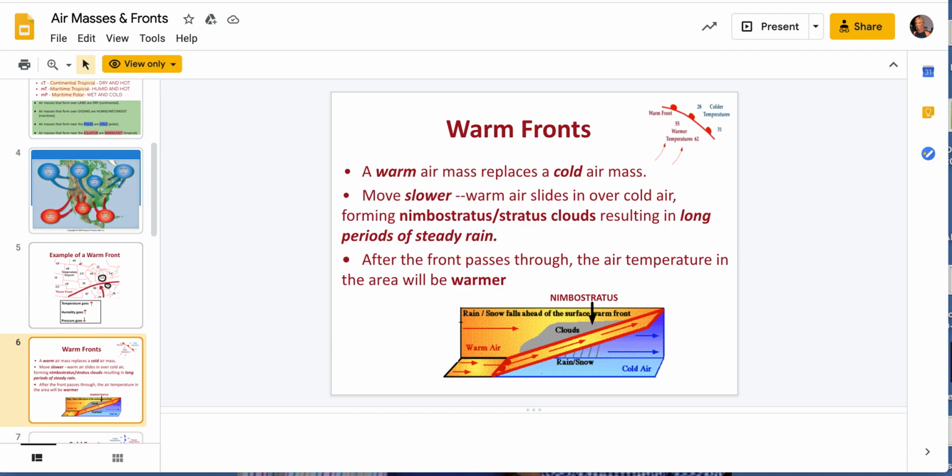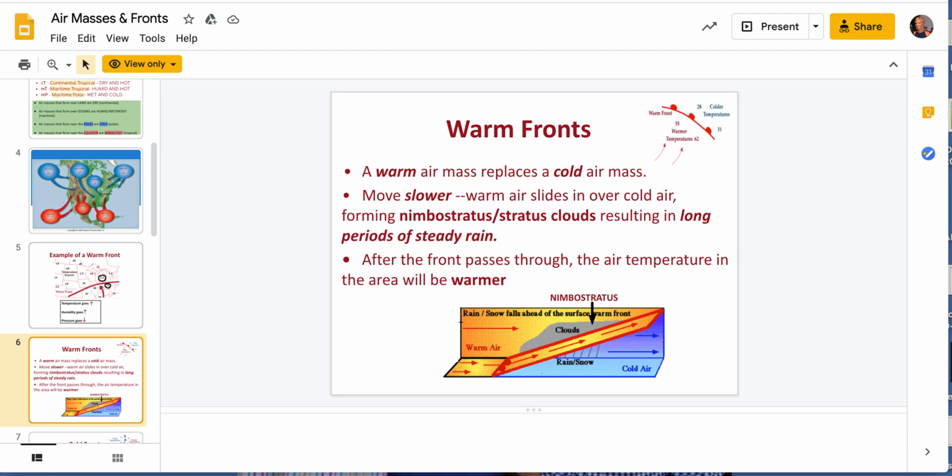Now, it moves slower. Warm air slides in over that cold air, and that forms that nimbostratus, or just plain old stratus clouds. That results in long periods of steady rain. It could also be steady snow. It depends on how cold it is in there.